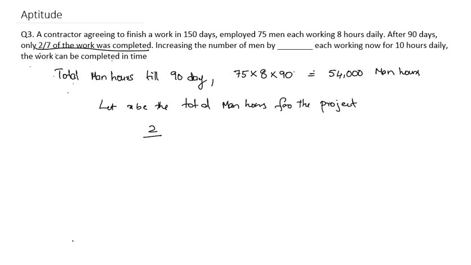So 2/7 of X is equal to 54,000. Solving for X, 54,000 into 7 divided by 2, it will come to 1,89,000.